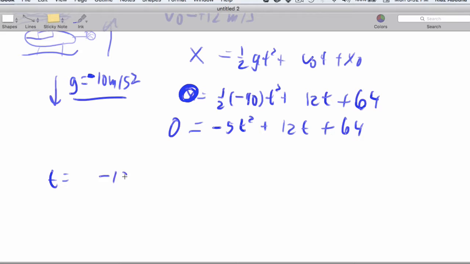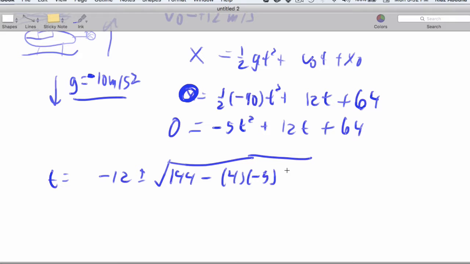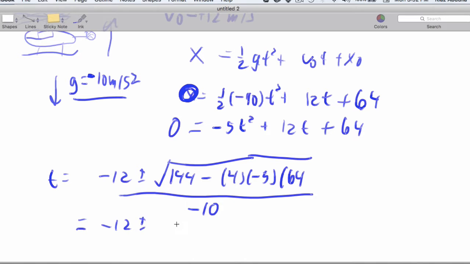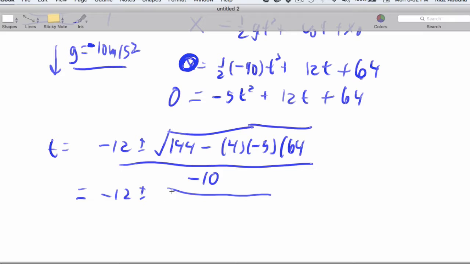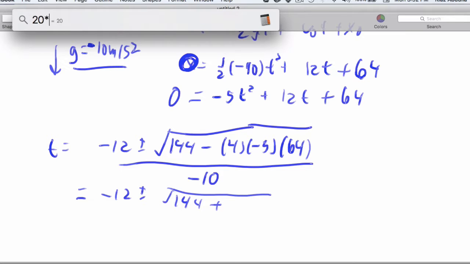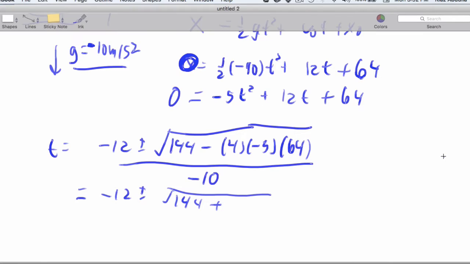T is negative 12 plus or minus the square root of b squared, which is 144, minus 4ac, all over 2a. Alrighty, so we got negative 12 plus or minus the square root of, here we go, 144 plus 20 times 64, gross, 1,280.